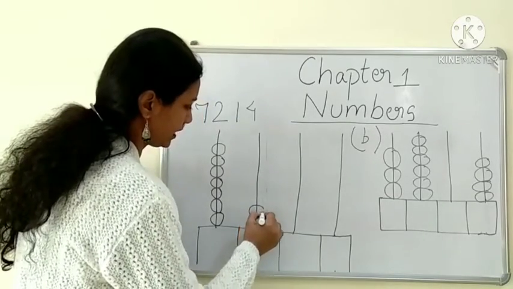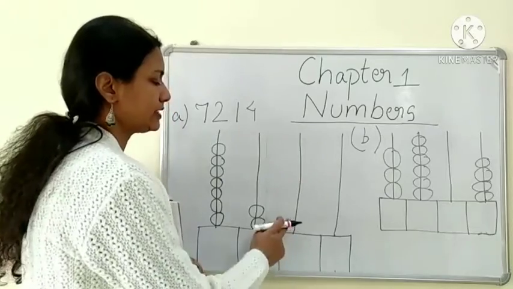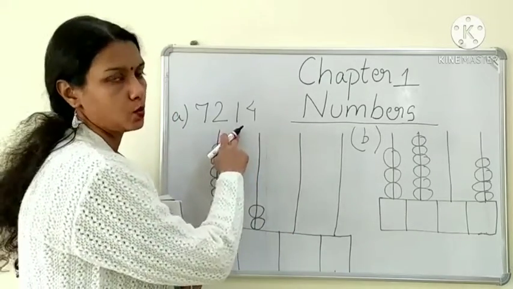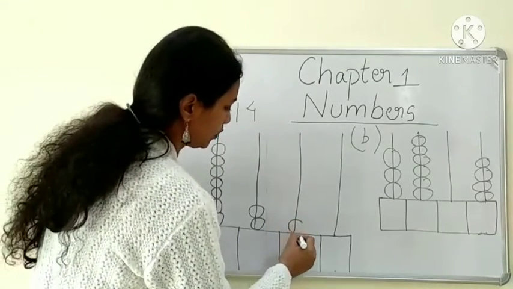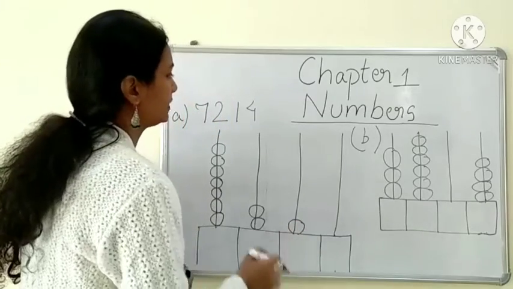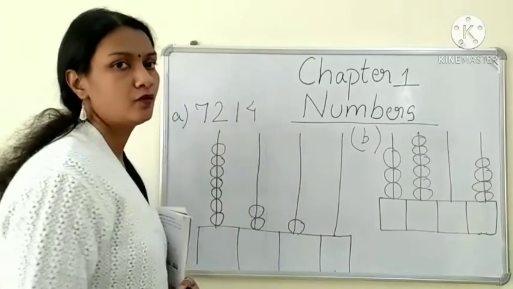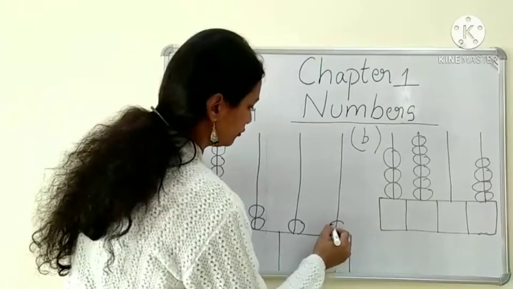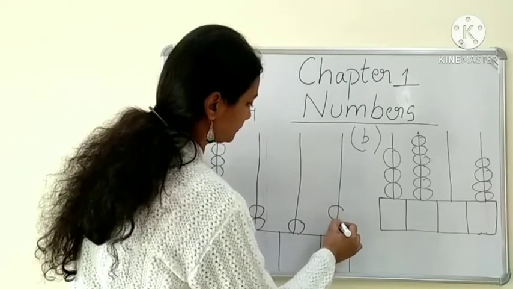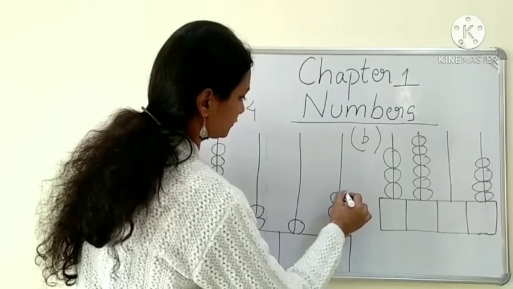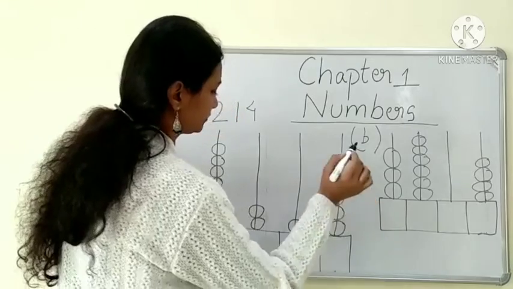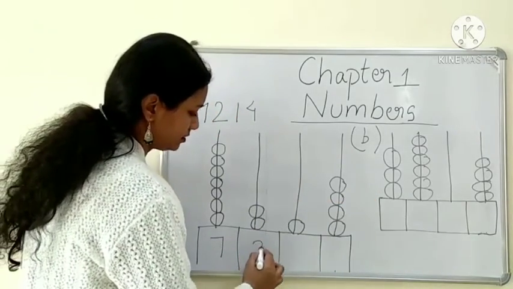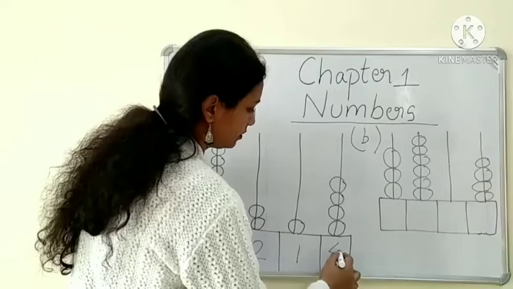Tens place, number is 1, so only 1 bead. Then ones place, 4, so we will make 4 beads. Seven, 2, 1, 4.